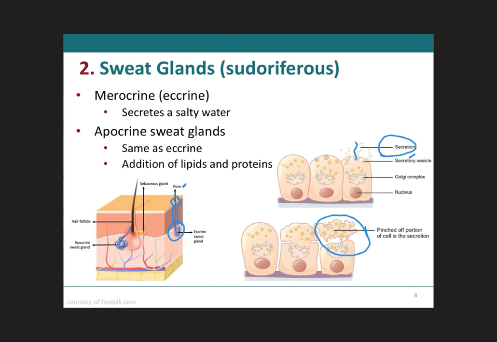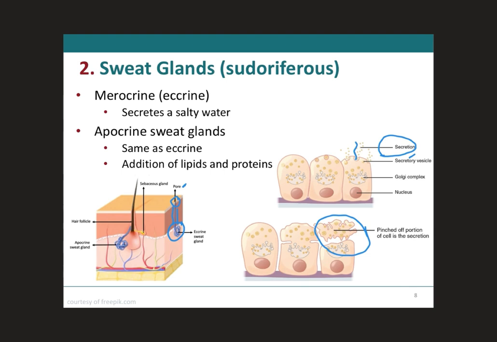This is really not the case, as there are studies that now show that this gland also releases its contents in a merocrine fashion, and possibly some holocrine fashion as well. Don't let this type of gland trick you into thinking that there is only one mode of secretion.